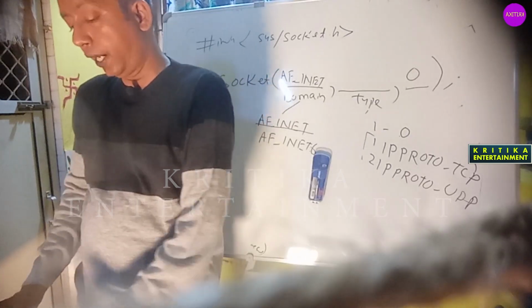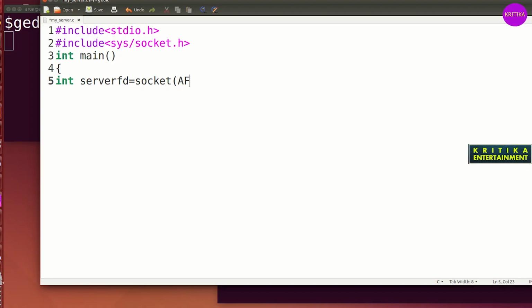I will write AF underscore INET, then SOCK stream, then IP proto underscore TCP. Then I will close this.